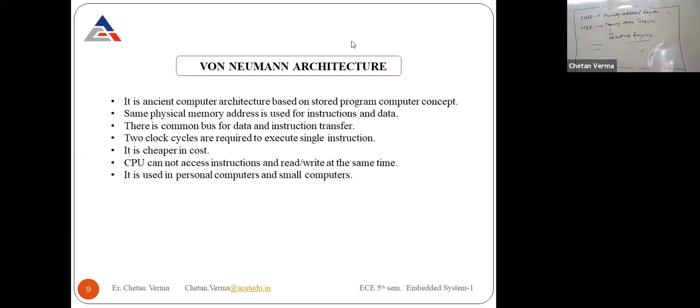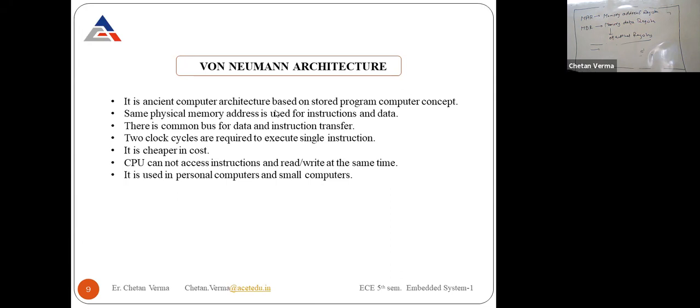Third advantage is data from the memory and devices is accessed in the same way, because you are using the same bus, so you can access your data and the memory in the same way. The control unit gets data and instruction in the same way from one memory, so it simplifies the design and development of the control units. So those are some advantages of your von Neumann architecture.